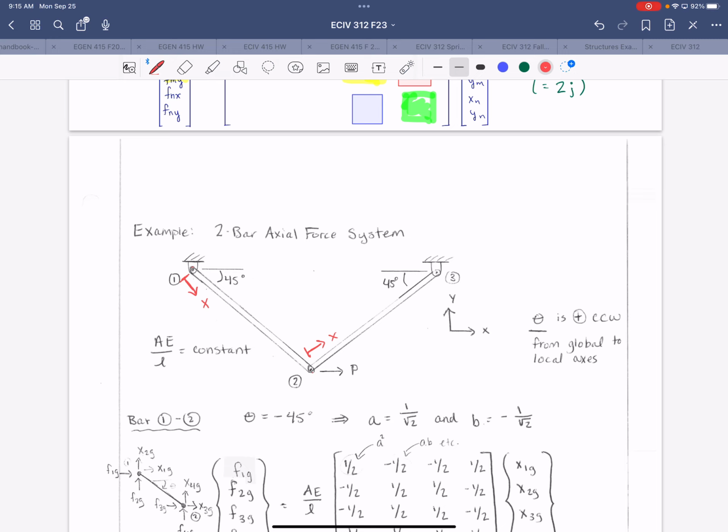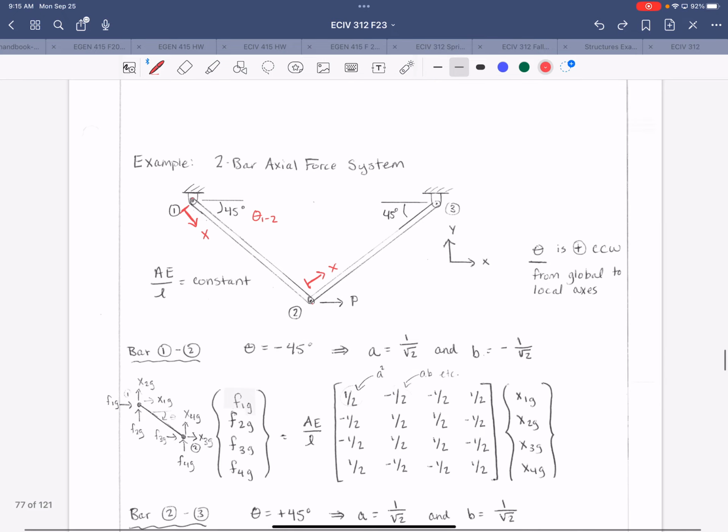So our angles then: for element 1, 2, we measure positive counterclockwise from the global x to the local x, or we can just say it's negative 45. That's written down here.